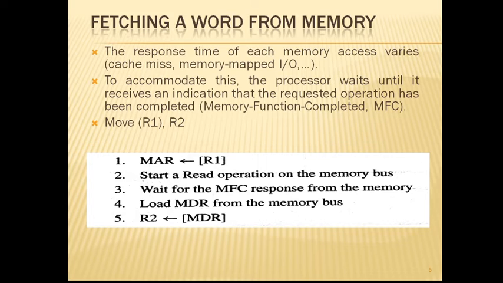The addressed device sets this signal to 1 to indicate that the contents of the specified location have been read and are available on the data lines of the memory bus. Whenever the reading operation on that memory location is complete, the memory function completed signal is set to 1.